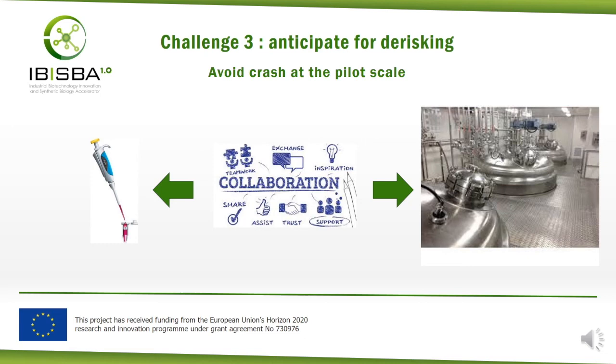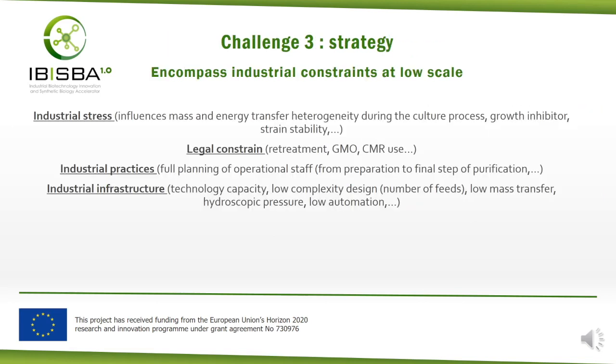It is all about dialogue and open-mindedness. That is why the best way is to take into account industrial constraints and possibilities at the earliest stage, to avoid a crash during the first lab to pilot transfer.